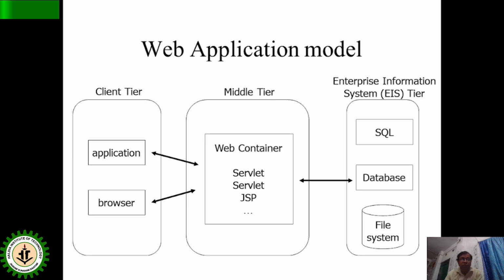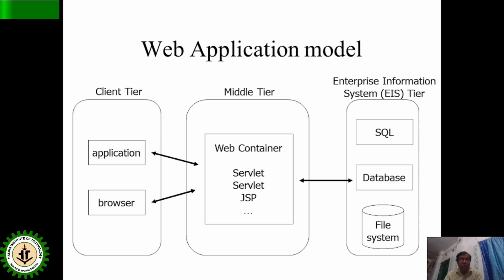Now come to the web application model. As I have discussed earlier, that is the tiered architecture. There are three tiers: the client tier, the middle tier, and the enterprise business tier. The client tier works with the application, where the browser is important. This is the GUI model, graphical user interface model.